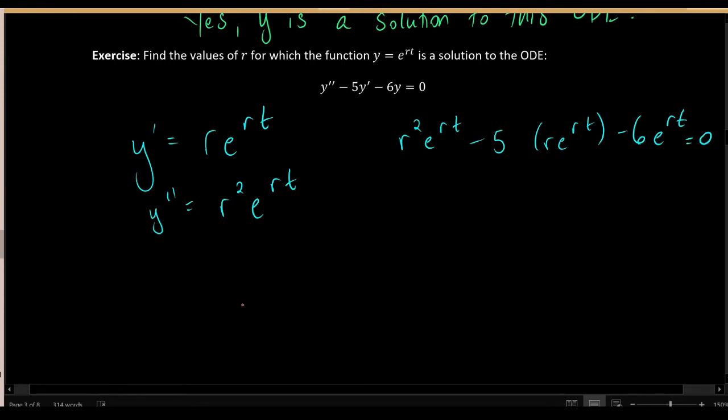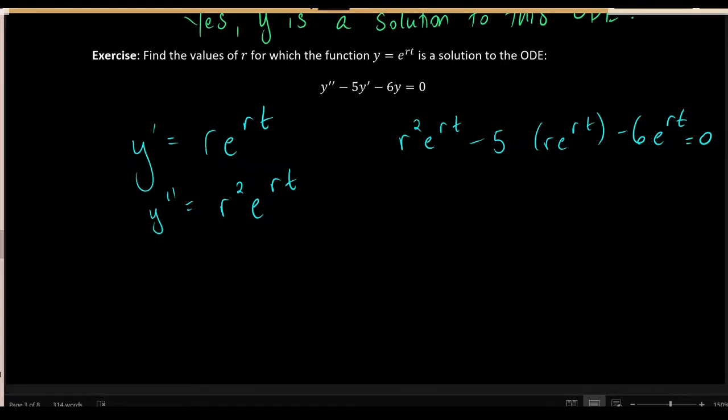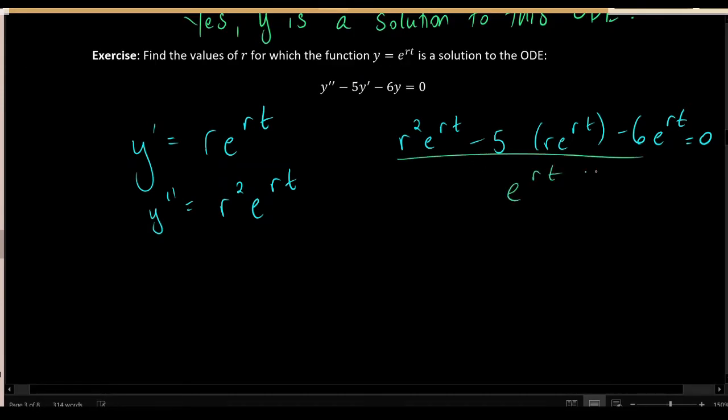So have a look at this equation now. All three of these terms contain an e to the rt. E to the rt is never 0. So it's completely safe to divide both sides of the equation by e to the rt.